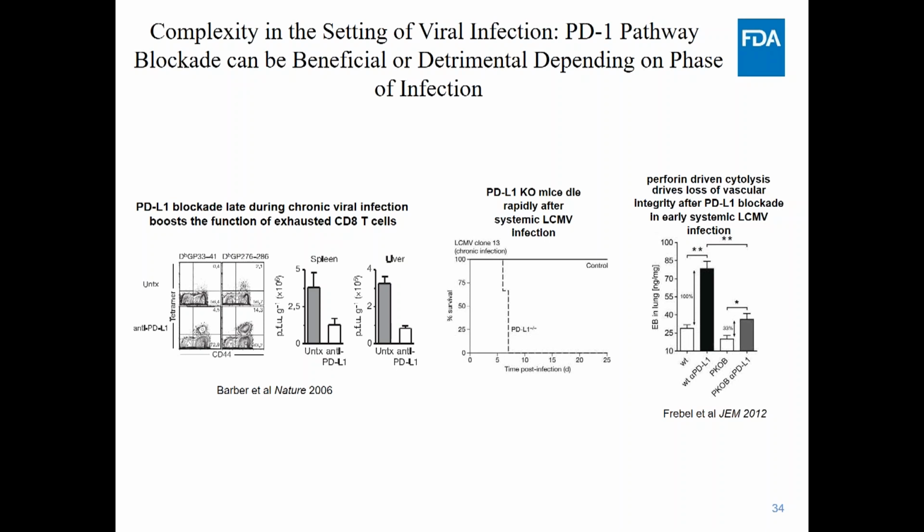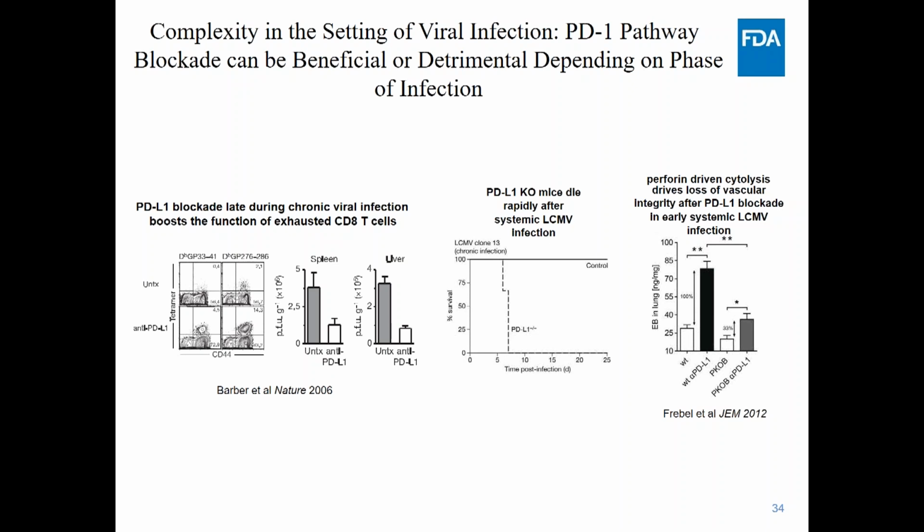The reason is that the LCMV infects endothelial cells, and you get perforin-driven cytolysis directed to these endothelial cells, which drives the loss of vascular integrity, and these animals die.